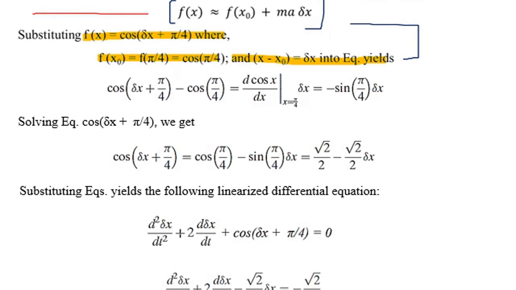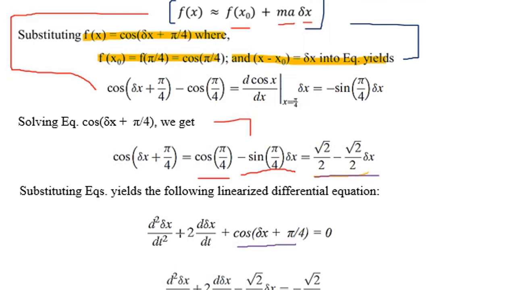Now solving for cos of del x plus pi by 4, we get cos of del x plus pi by 4 equals f of x naught, which is equal to cos of pi by 4 plus the slope, which is minus sine pi by 4 multiplied by del x, and this is equal to square root of 2 divided by 2 minus square root of 2 divided by 2 multiplied by del x.